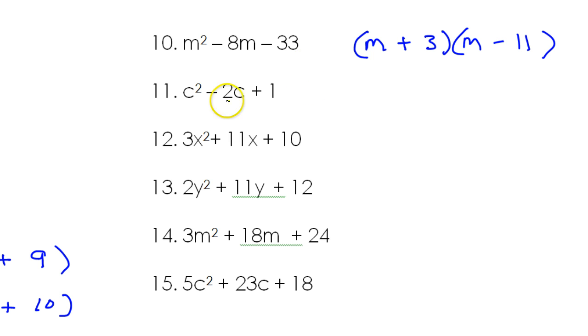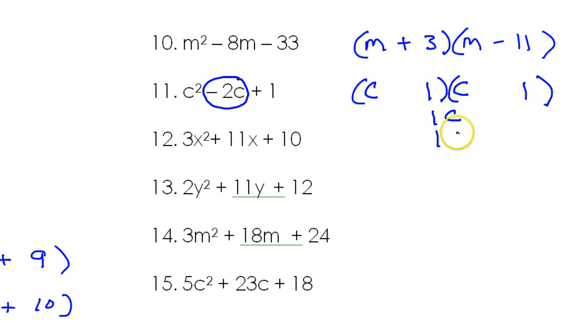Alright, number 11. Again, no GCF, so I go on to binomial times binomial. Start with c squared, which can only be c times c. Well, 1 can only be 1 times 1. Now remember, the inner plus the outer must equal the middle. Inner, I have 1c.